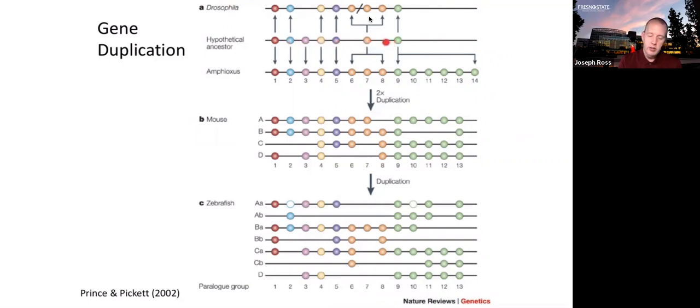And this suggests that this HOX gene may be duplicated a few times in the lineage leading to Amphioxus. And from that ancestor to chordates, there were 2 duplications, and that's potentially why we've got 4 copies of something that looks very similar to this older lineage that has 14 different Hox genes. And then what we do is we can look in mice and in zebrafish.